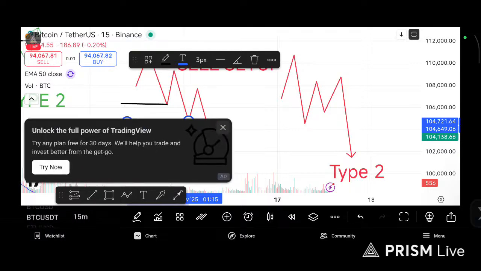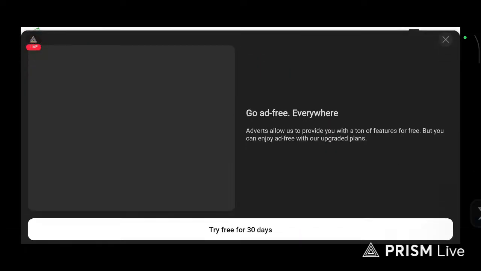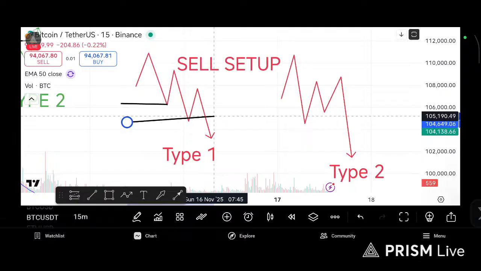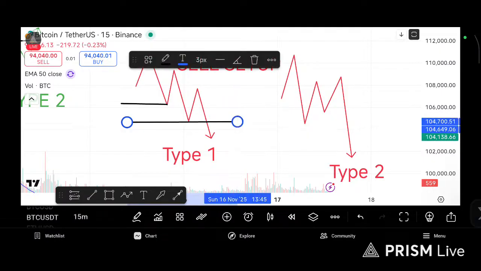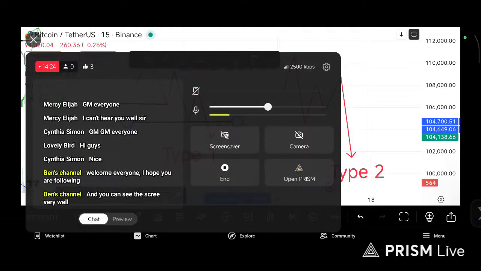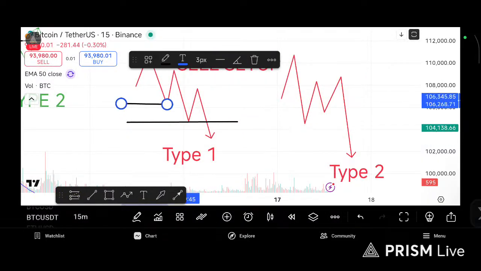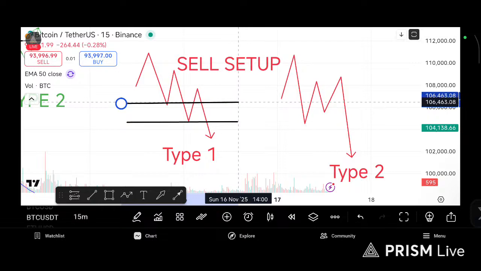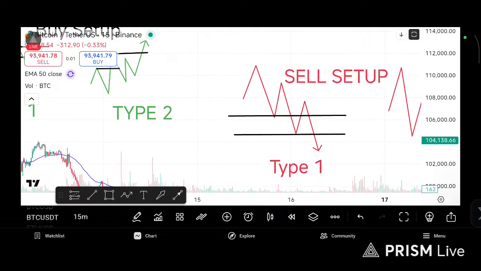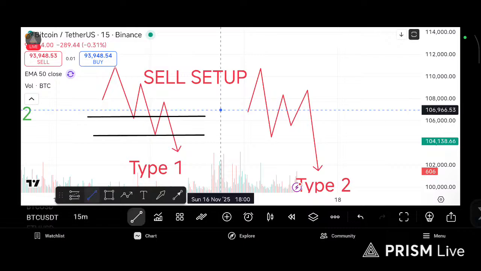The previous low is broken, as you can see. All these are breakup structures. There was a lower low here, it breaks it, and right down here it breaks it. That is exactly how it works.